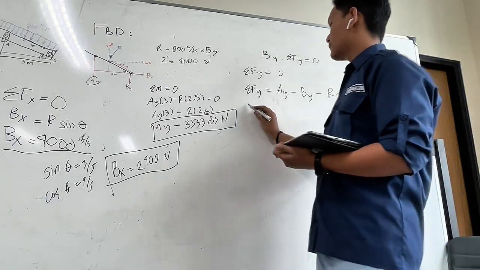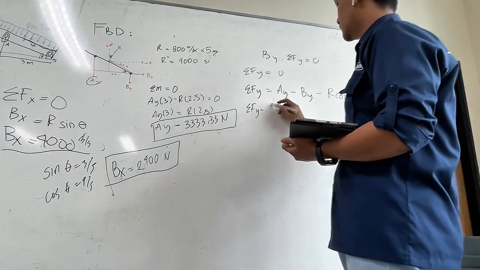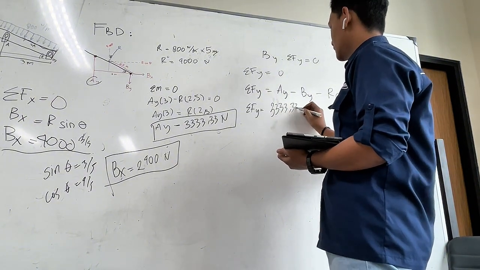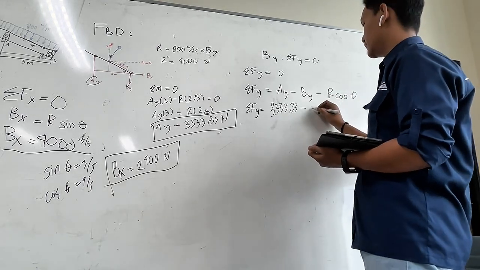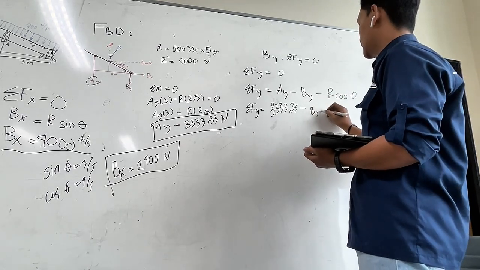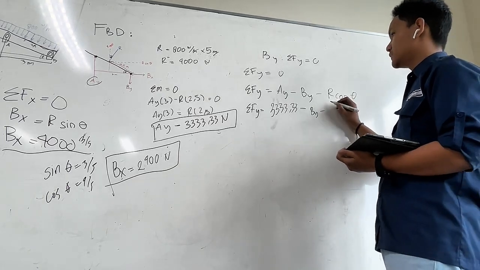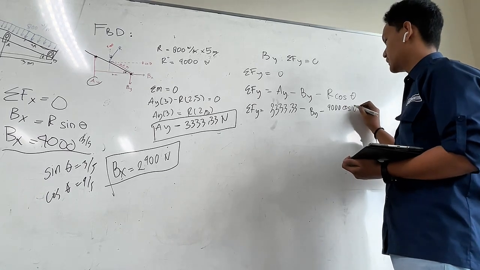Let's put in the values. Ay is 333.33 newtons, subtracted by By, which is the value we are going to search for, subtracted by the resultant, which is 4,000 multiplied by cosinus of theta.